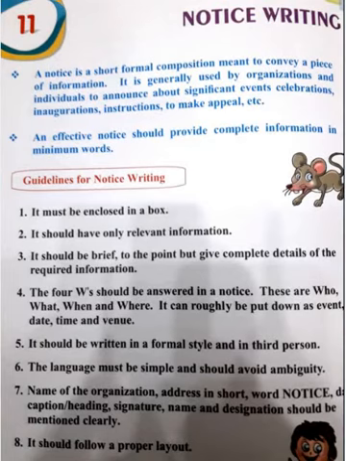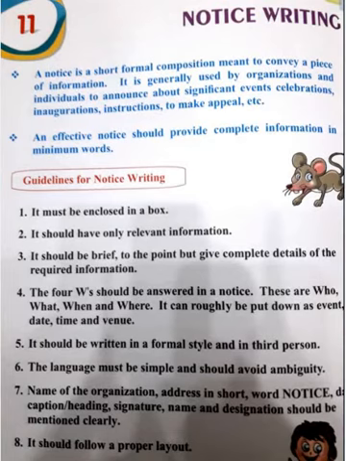You write the name of the organization, and after that you write notice in bold letters, then an eye-catching caption or heading, then signature, name, designation. It should follow a proper layout. So these are the guidelines for writing a notice.